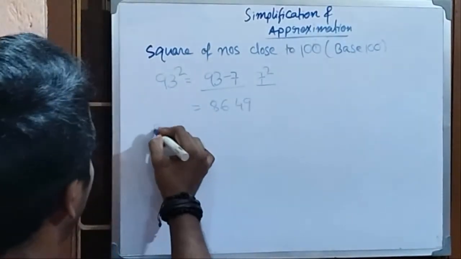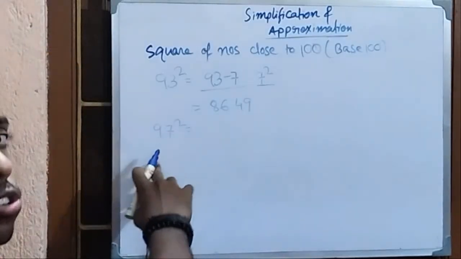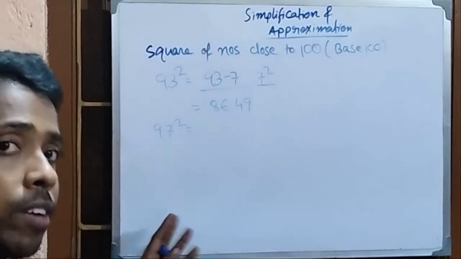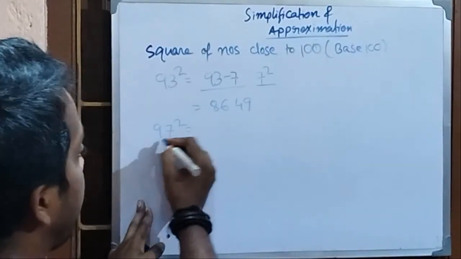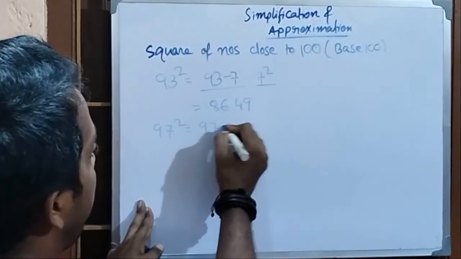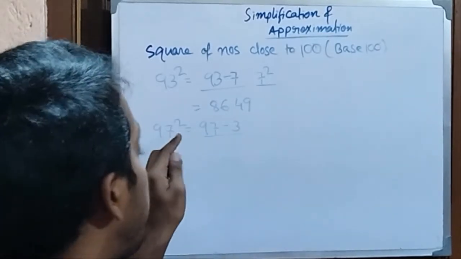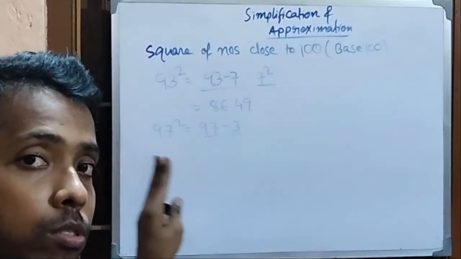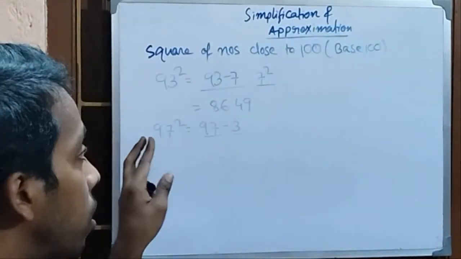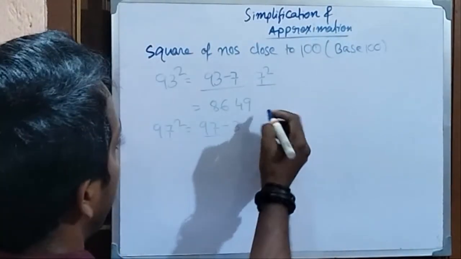Moving to some more, 97 square. Here it is 3 less than 100, so 3 should be subtracted from the given number itself. So 97 minus 3 is the first box, and in the second box, whatever part is less than the given number, its square goes in the second box. So 3 square is 9.